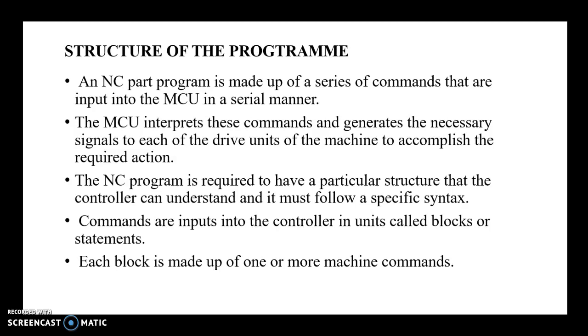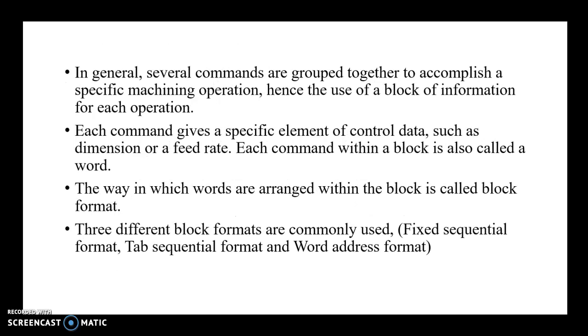Commands are input into the control unit in units called blocks or statements. Each block is made up of one or more machine commands. In general, several commands are grouped together to accomplish a specific machine operation, hence the use of a block of information for each operation.